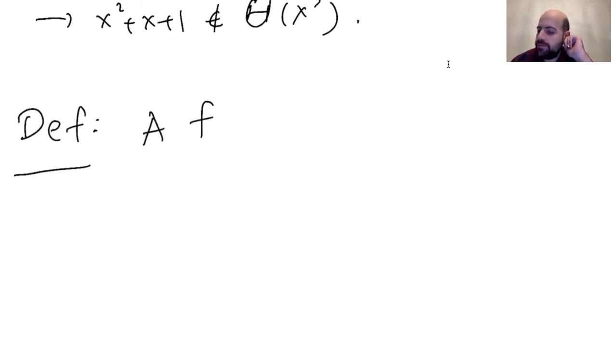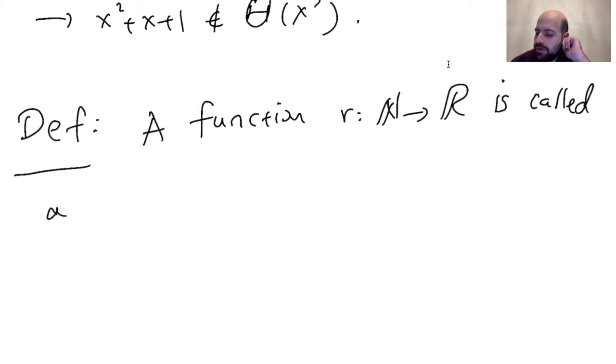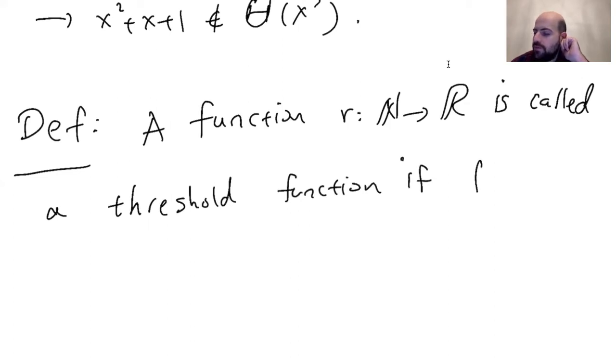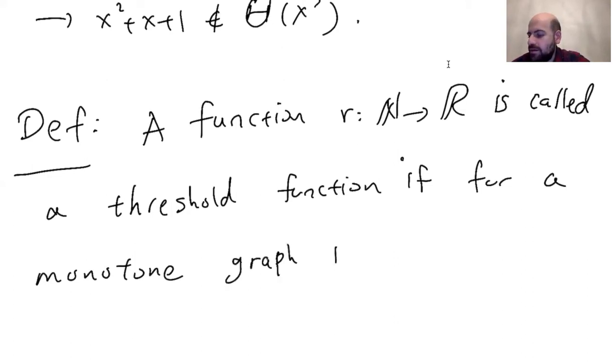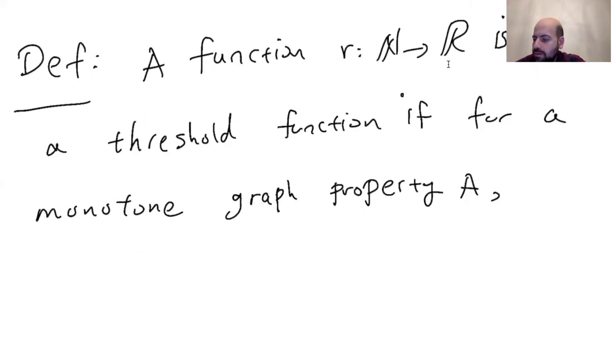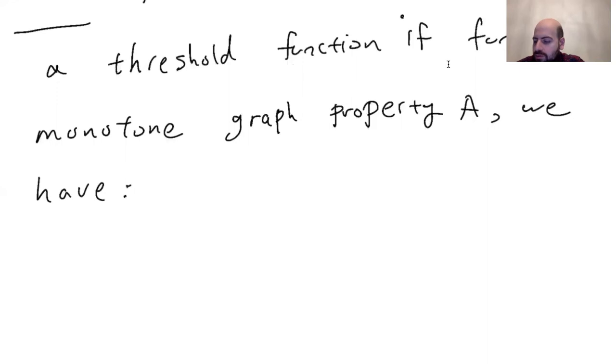A function R from N to R is called a threshold function if for a monotone graph property A we have two things.